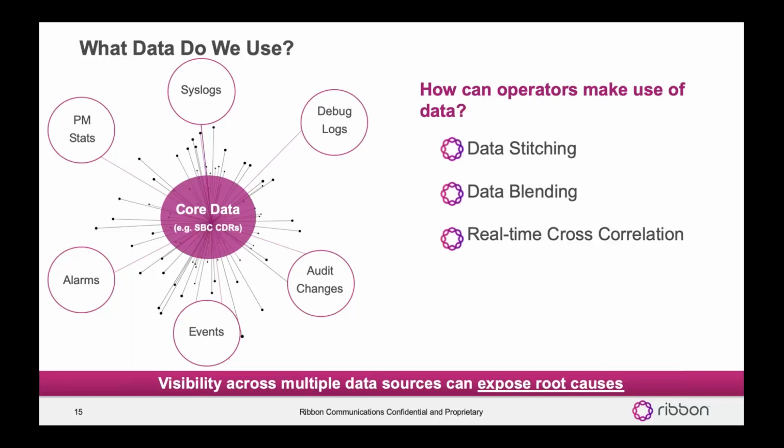So we can actually take that data and effectively expand it by pulling in other aspects, maybe event data or alarm data from network elements, performance statistics that are being gathered and aligned, audit trails from configurations that are going on, but even getting down into really detailed semi-structured and unstructured data such as syslogs and debug logs. So with all of these other data sets, we can actually peel the layers of the onion beyond just having an answer that stops at a call detail record.